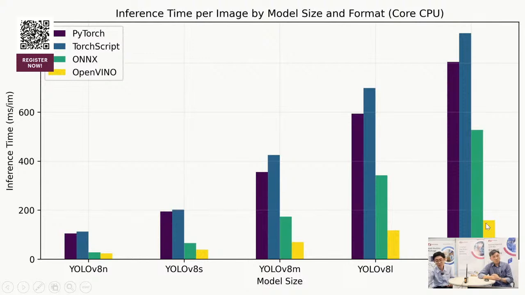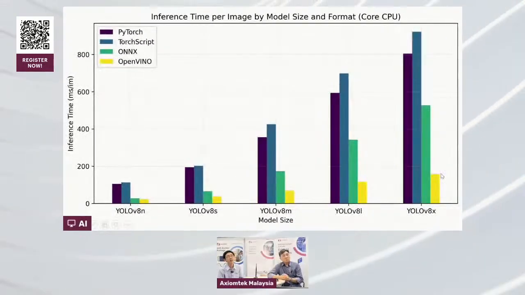The lower is better. This one is produced by the OpenVINO. If you are using the PyTorch or other deep learning framework, the inference time is higher compared to the OpenVINO. Which means same AI model, but using different inference engine on the same hardware, you can generate different results.